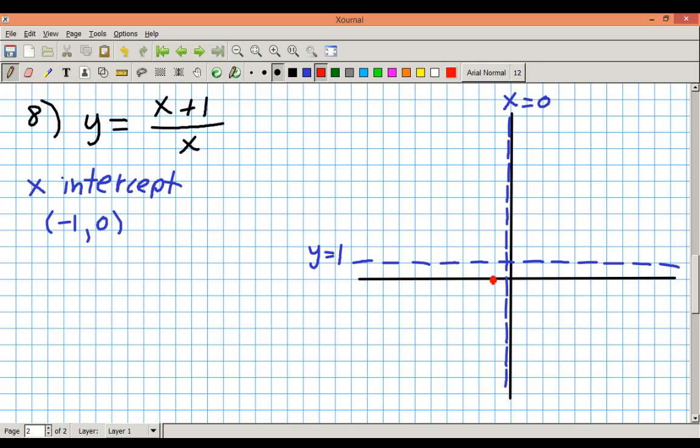And so now we know where that branch is. Okay, so y-intercept is a point on the graph where x is 0. But if you look at that equation, x cannot be 0 because then you would divide by 0. So there is no y-intercept.